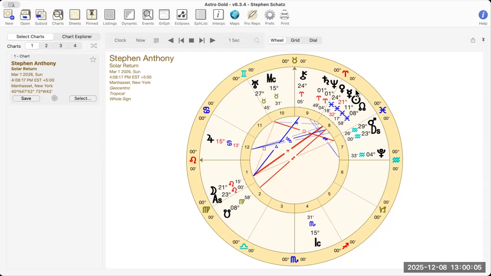And then November. December, Saturn and Neptune. December, January, and February. So yeah.